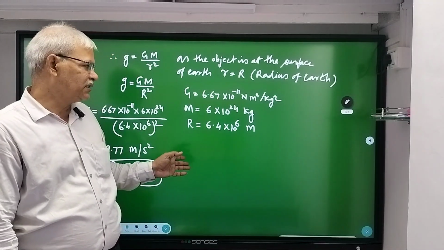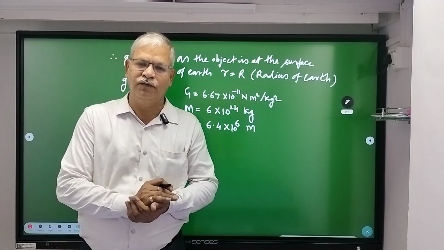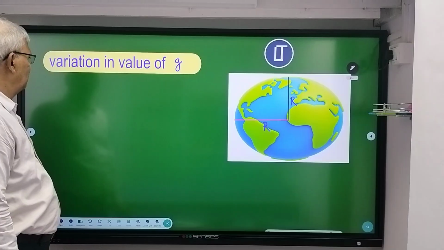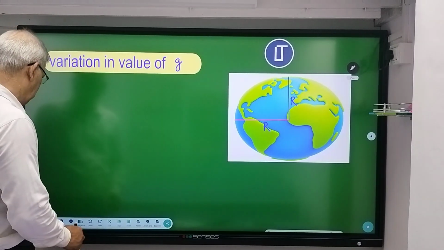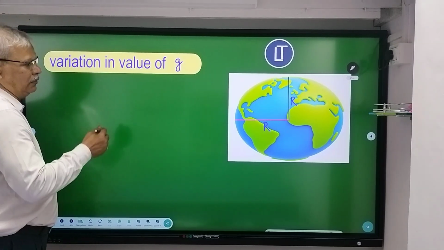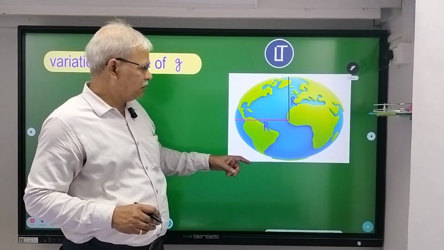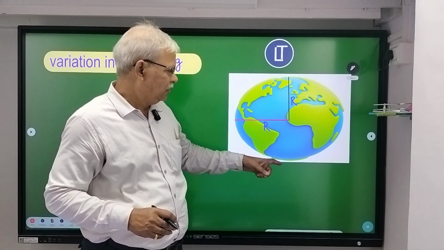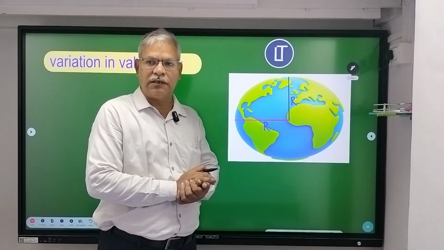Afterward, there is given the variation in the value of g. The variation in value of g. Okay. Here, if you will see that the shape of the earth is not exactly spherical.